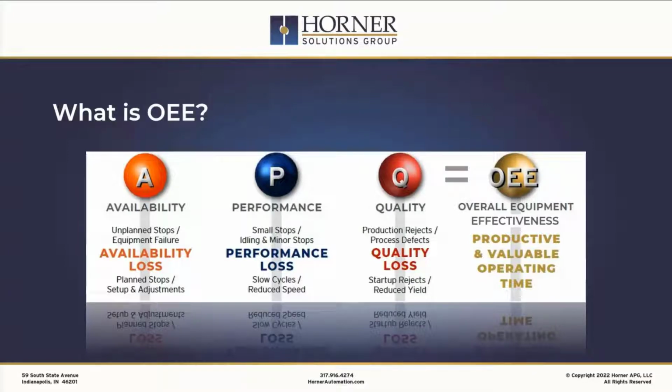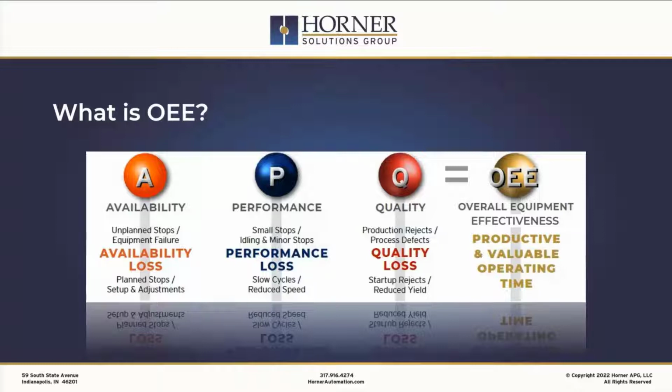That performance number needs to match what we call an ideal trigger time for each event that completes a cycle. The third part is the quality side, which is if any scrap is generated in the production, the scrap comes out and that brings the quality down. Your performance number won't be affected so much by that because you still made the part, but the quality is affected because it's not a quality part.